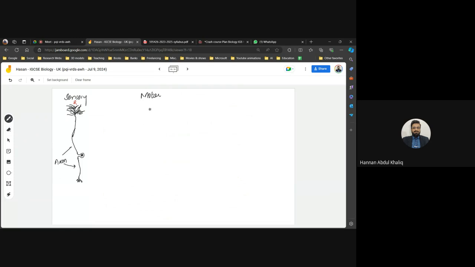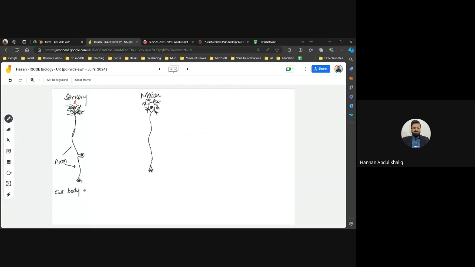Then comes a motor neuron. A motor neuron looks like this. This is a motor neuron. You can clearly see that the cell body of a motor neuron is terminal. The first difference is of cell body.